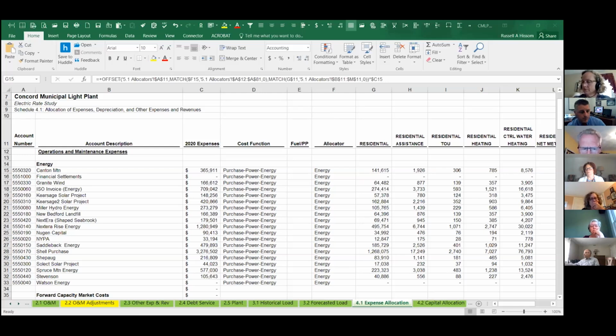Yeah, general service net metering. This would be a line that looks at what the contribution to cost of service our net metering policy causes. It also means there's no cost for that, which is a little odd, I guess.